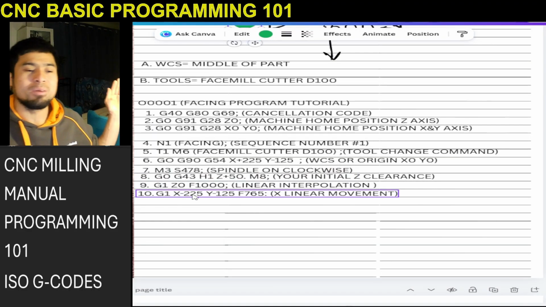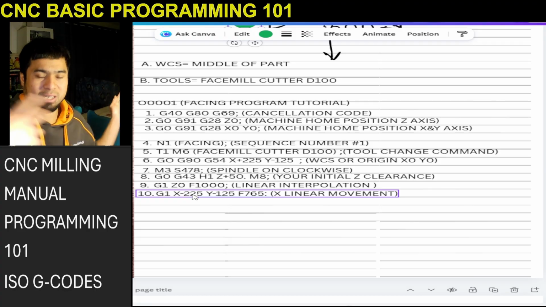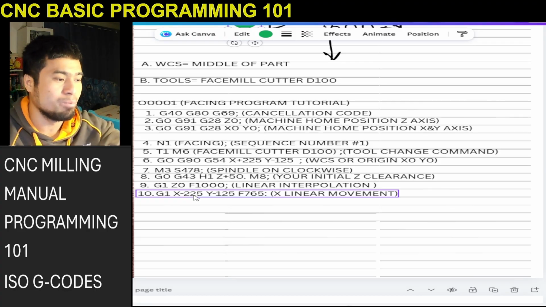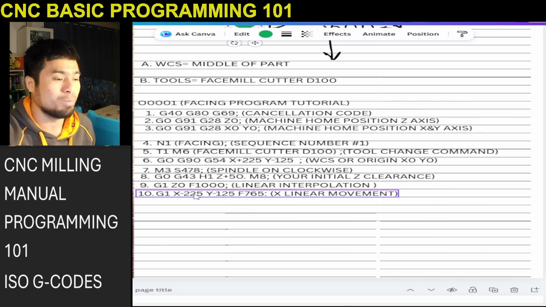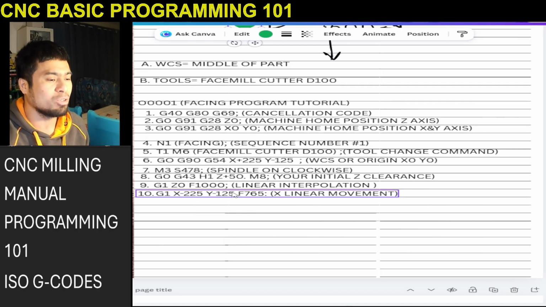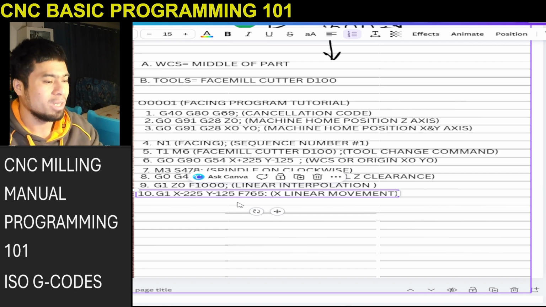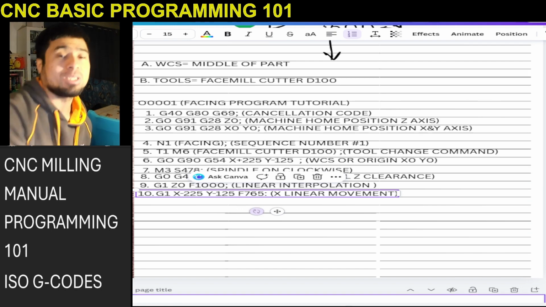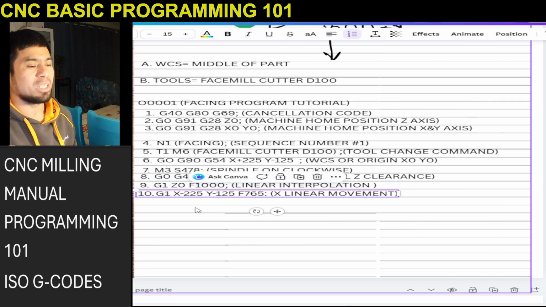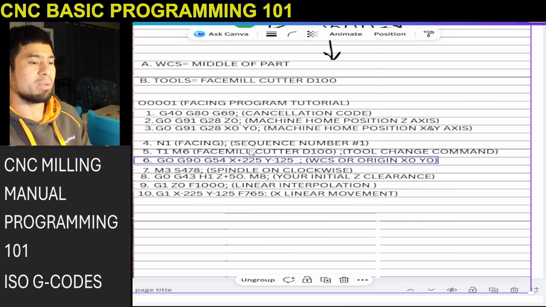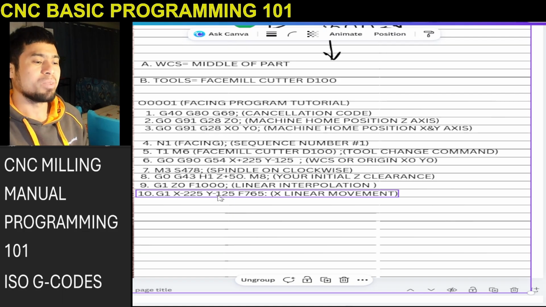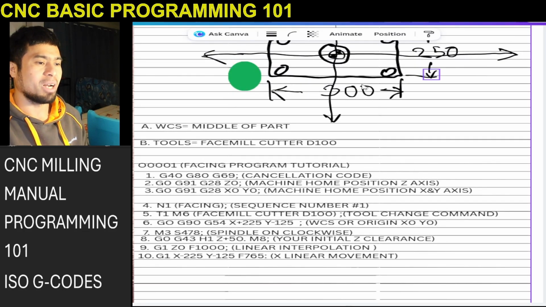From the Cartesian plane, going to the left side of X is negative. So that's why X is negative 225. And the Y should not be here, it will not be included. But because this is a tutorial, I just want to show you the Y value. Y doesn't change. It's still Y negative 125 from the previous positioning, from right to left.